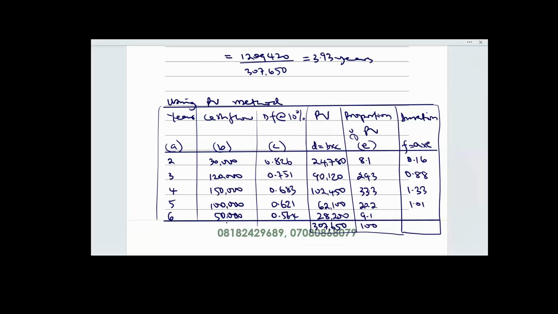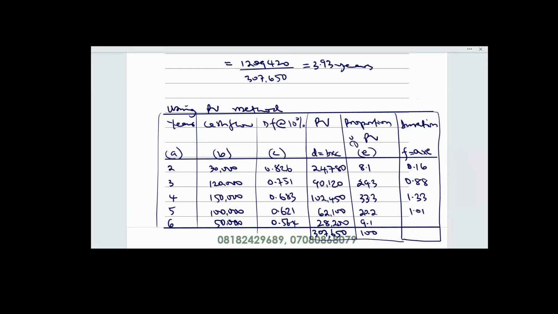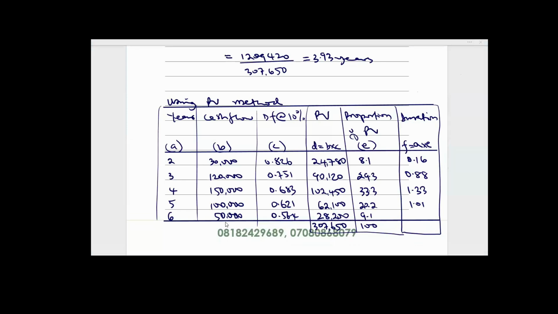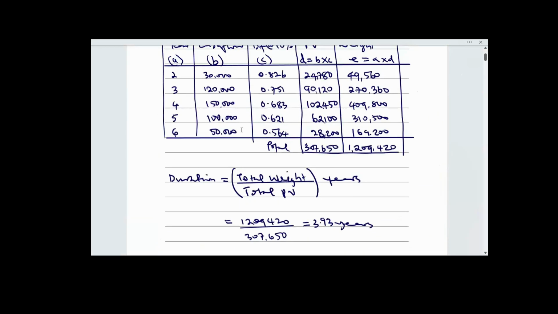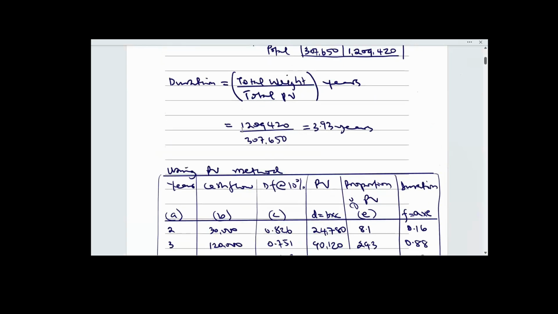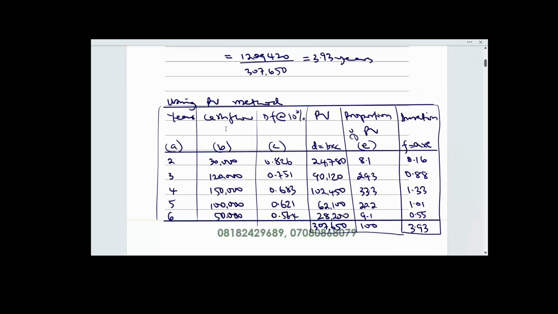Then the last one, 9.1 multiplied by 6, divided by 100, equal 0.55. Add it up, you should have the same thing as 3.93. So whether you use the present value method or the weighted average method, you are going to get the same answer as project duration.